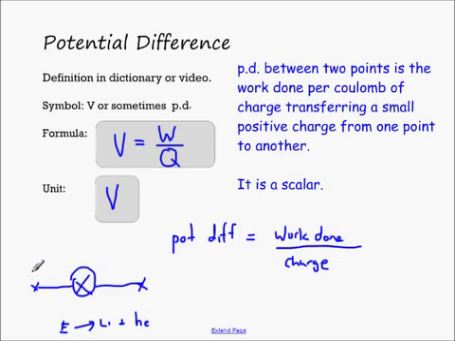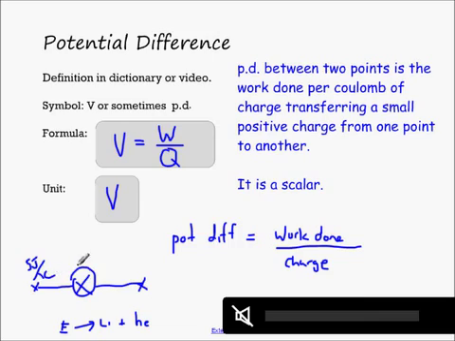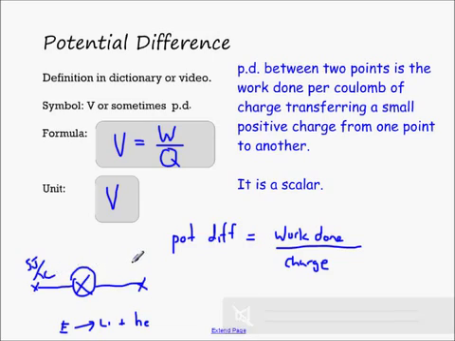Let's say you measure 5 joules per 1 coulomb here, and then you get 3 joules per coulomb here. So what is the actual potential difference? It will be equal to 2 volts, or 2 joules per coulomb.